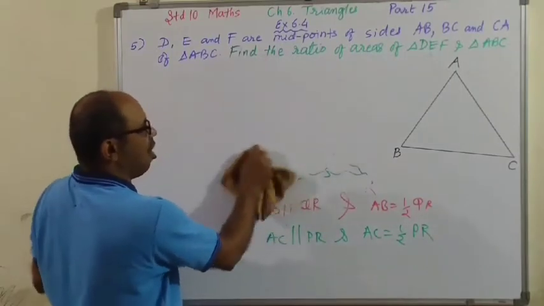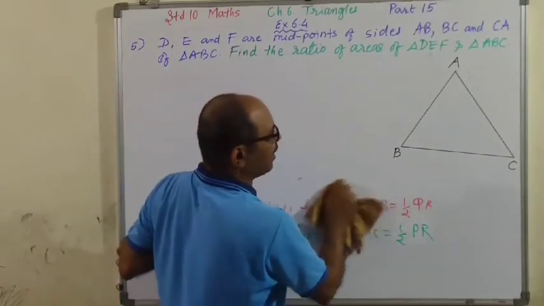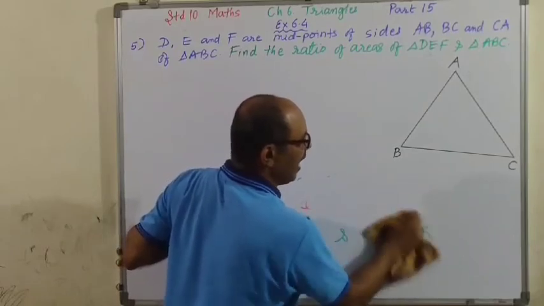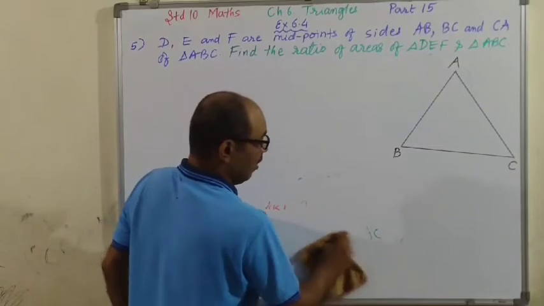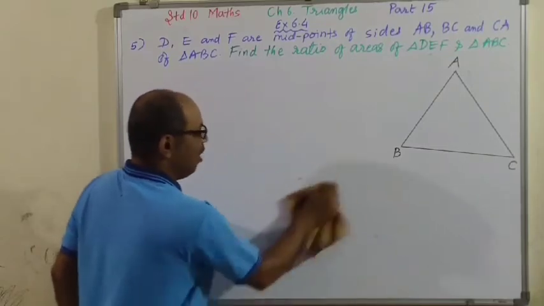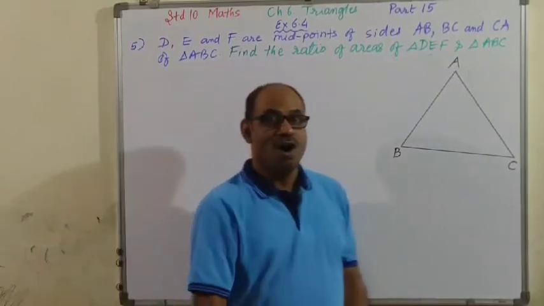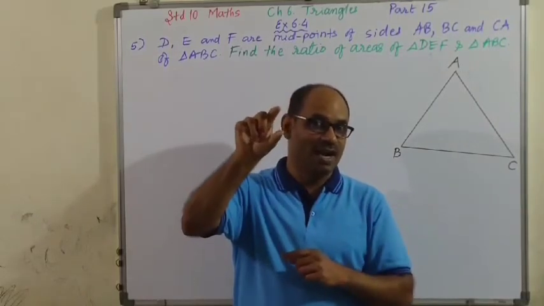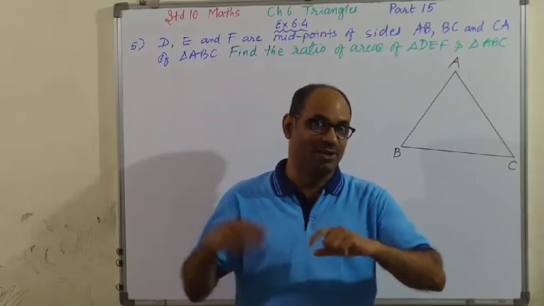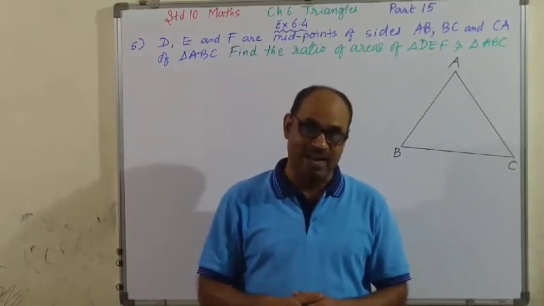Find the ratio of area of triangles DEF and ABC. Children, once again, we have to find the ratio of areas of triangles. In the previous sum also, area of triangle 1 upon area of triangle 2. We have to prove that, right?